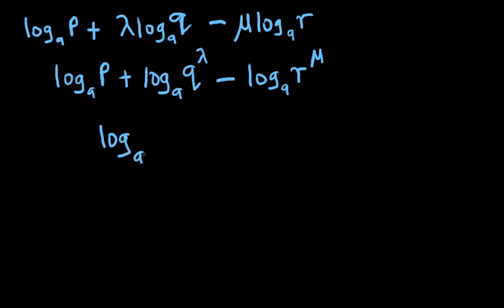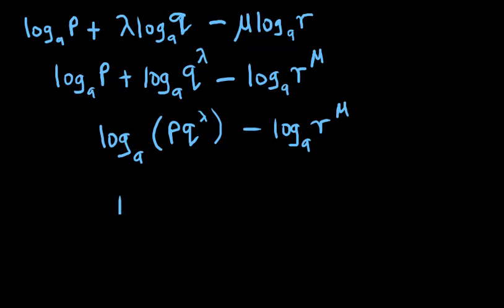This will be log A of P Q to the power lambda, then minus log A R to the power mu. Since that's a subtraction sign, we need to divide.